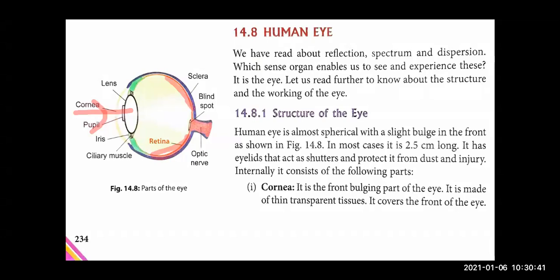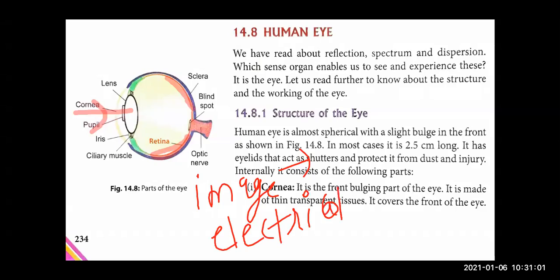And this image is converted into electrical signals. Image is converted into, children, electrical signals. Who does that? On the retina, rod cells and cone cells are present.